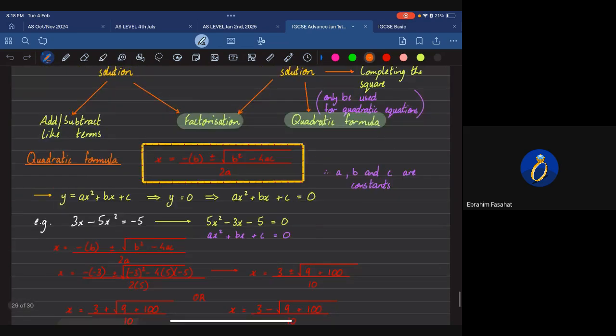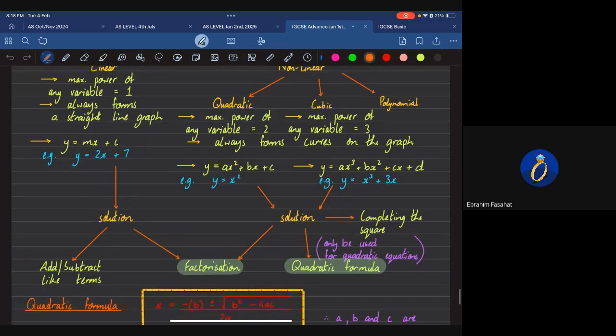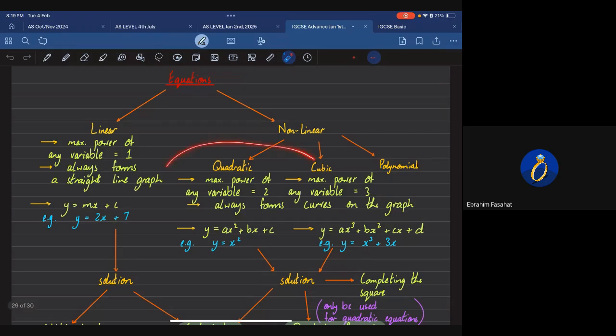Now, one more thing that I would like to add is that linear equations are really easy. Whenever we're going to discuss solving of any equation, we're going to be discussing the solutions of quadratic and especially non-linear equations. Why? Because linear equations are really easy to solve.